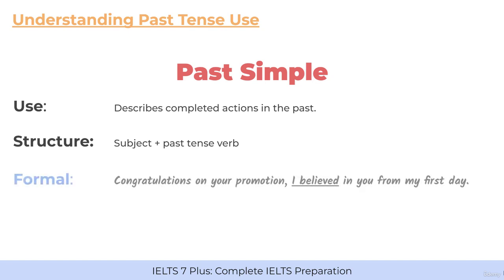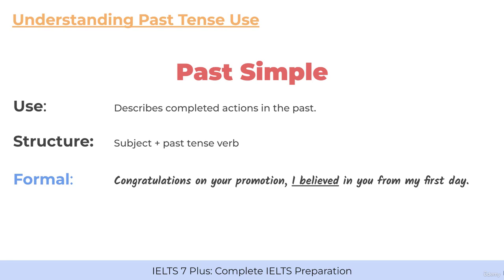Let's see an example within a formal situation. Congratulations on your promotion. I believed in you from my first day. So there we're sending a congratulatory letter, probably to someone we work with, a colleague. I believed. To believe, past tense, believed.